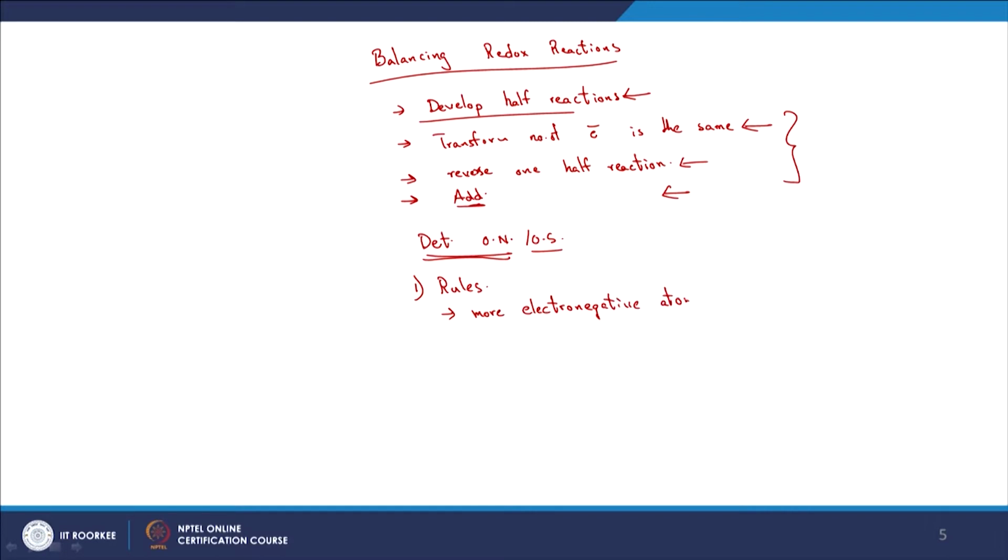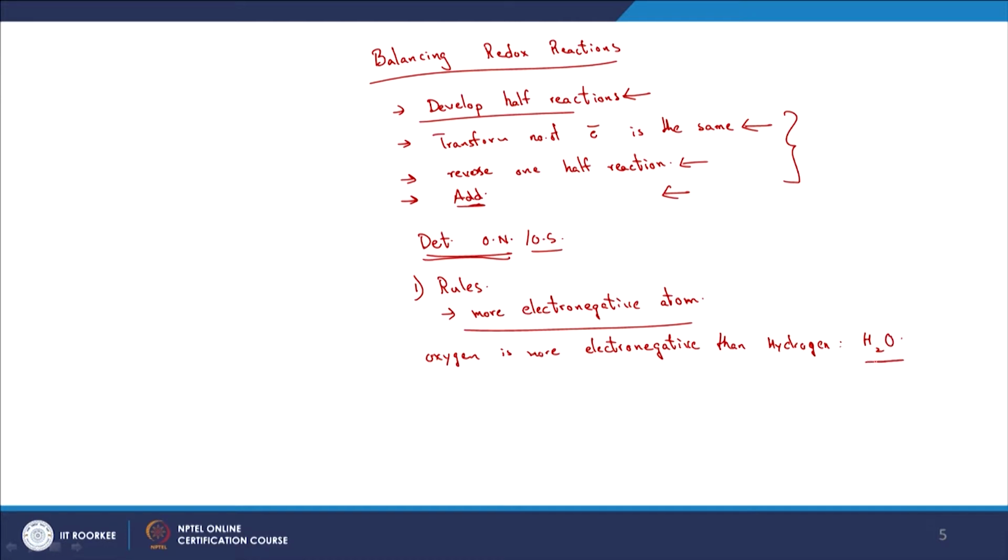So let's look at some of these aspects. In general, we know that oxygen is more electronegative than hydrogen, and that was in the example.